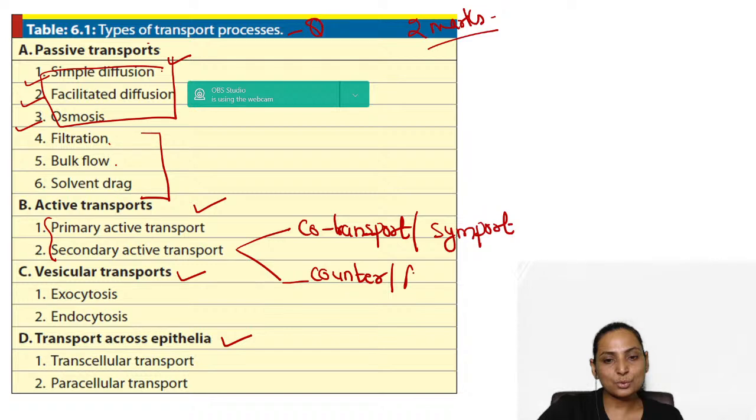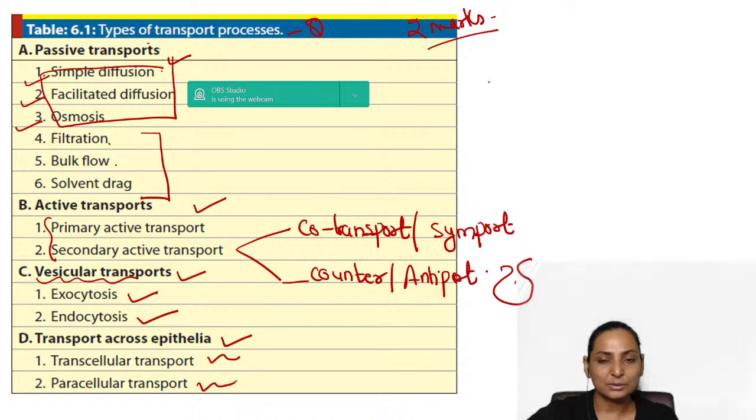Apart from this, there are vesicular transports. That means a vesicle is formed. So it could be exocytosis and endocytosis. And the transport across the epithelium can be transcellular and paracellular. What is this? If it is passing through the cell, it becomes transcellular.